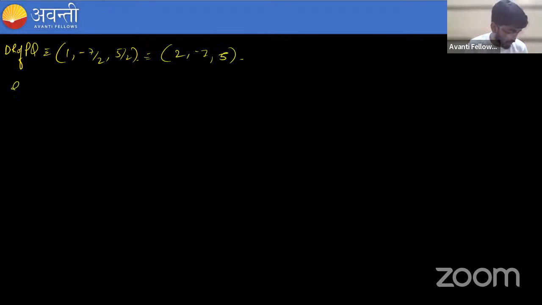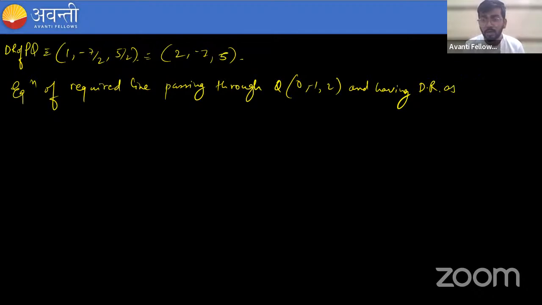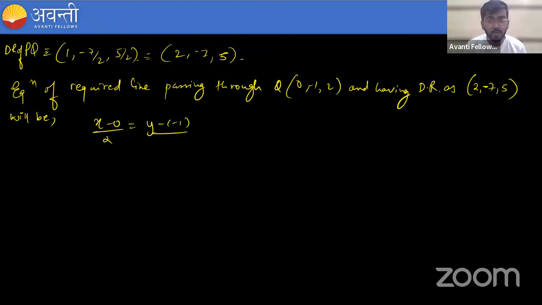So now the equation of the required line passing through Q, that is Q point was (0, -1, 2), and having direction ratios 2, -7, 5 will be (x - 0)/2 = (y - (-1))/-7 = (z - 2)/5.